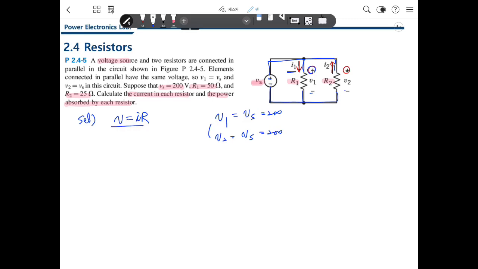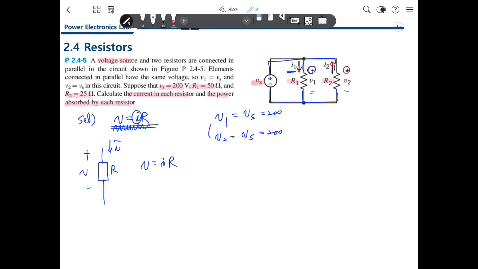So the current is here. Then you need to check how this Ohm's law is defined. When you define Ohm's law, this is R, then you define the direction of voltage here, then we define the direction of the current here as I, then V is IR.